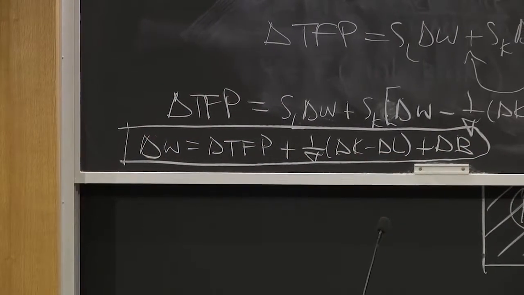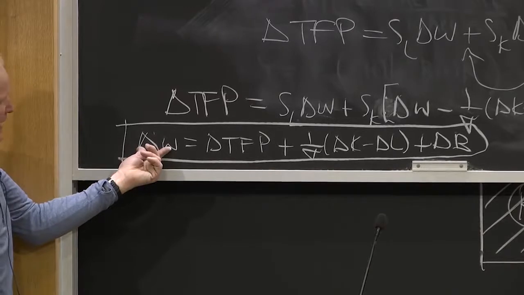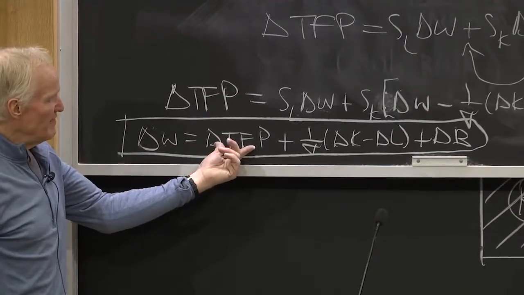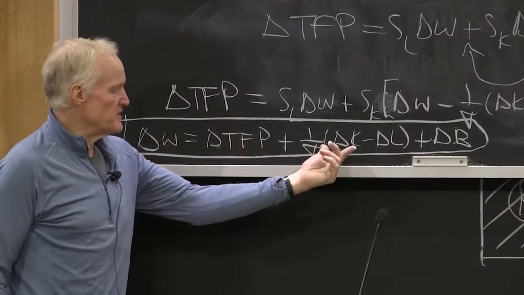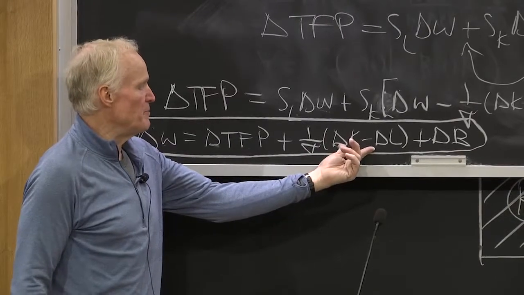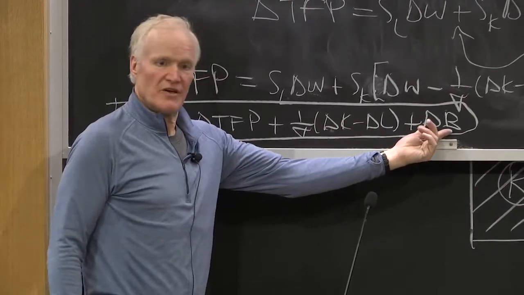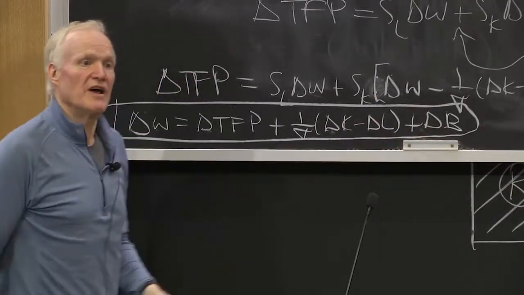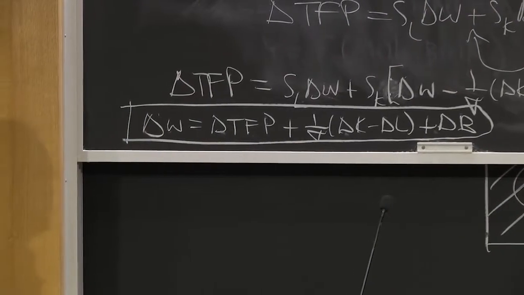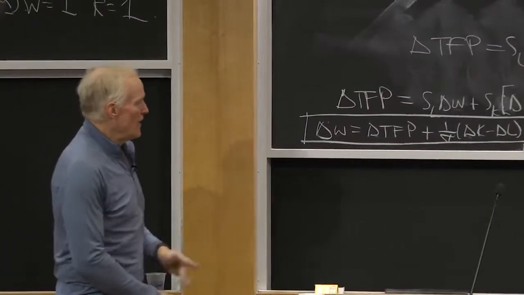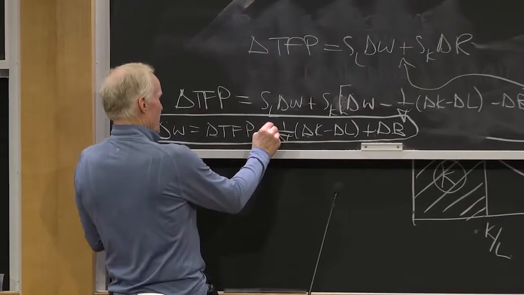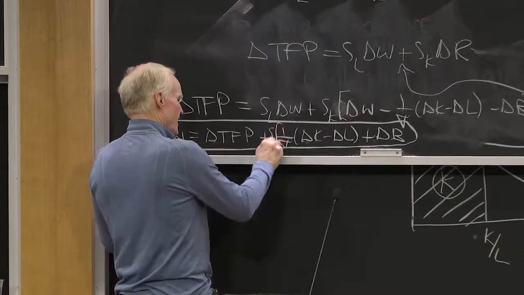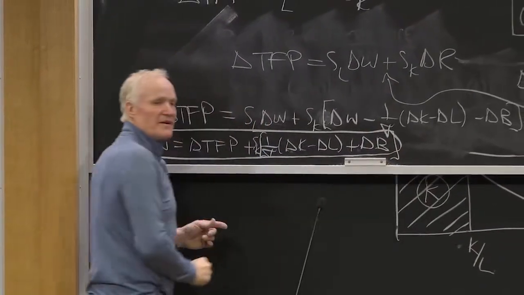So that says the growth in the real wage is the growth in TFP plus some effect of capital deepening plus technological bias. Where did the share of capital go? Oh yeah, sorry, we got an SK here. That's our capital deepening here.